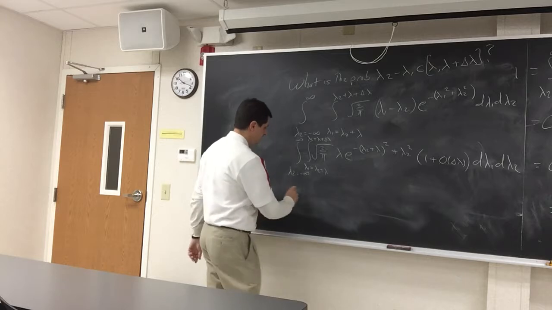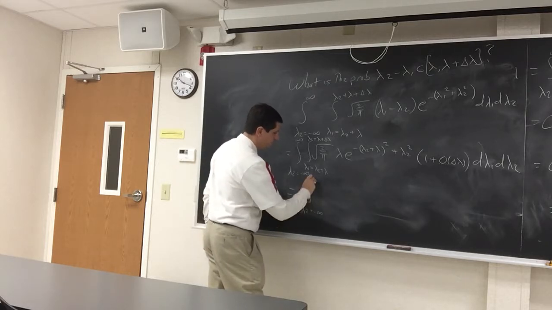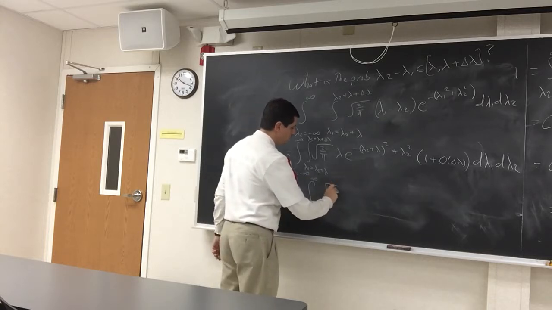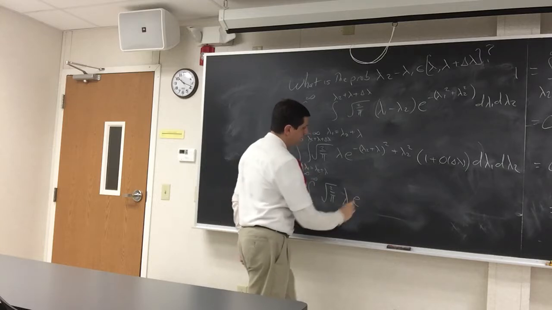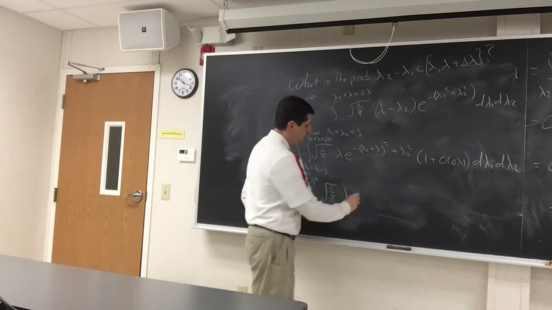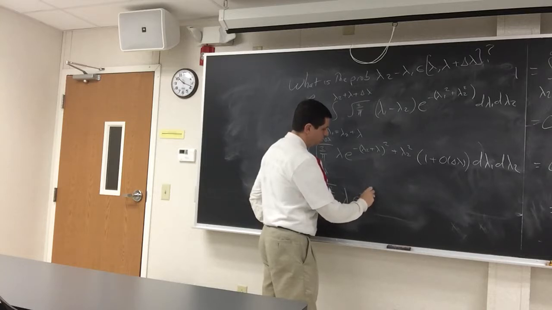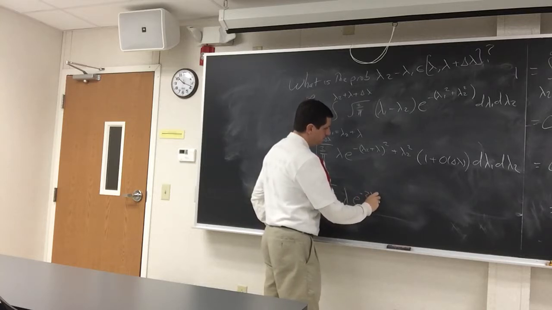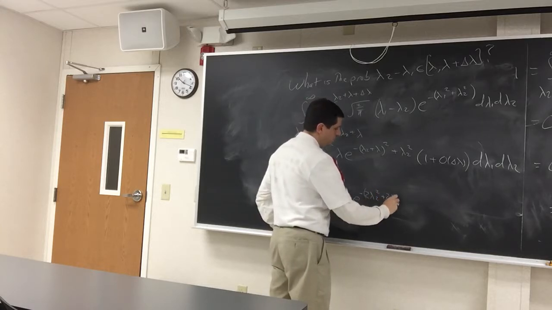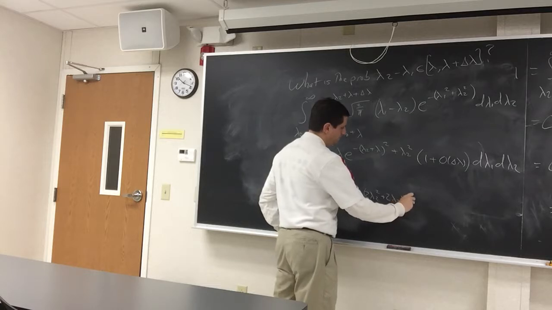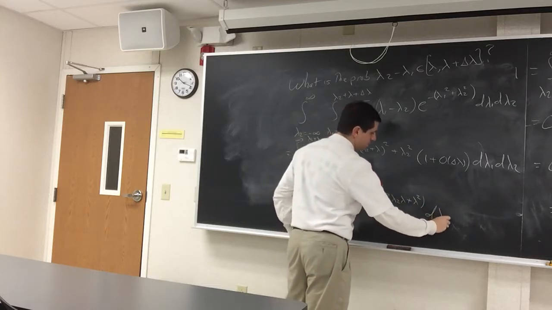So I will get the integral lambda 2 goes from minus infinity to infinity, square root of 2 over pi, lambda e to the negative 2 lambda 2 squared plus 2 lambda 2 lambda plus lambda squared d lambda 2.